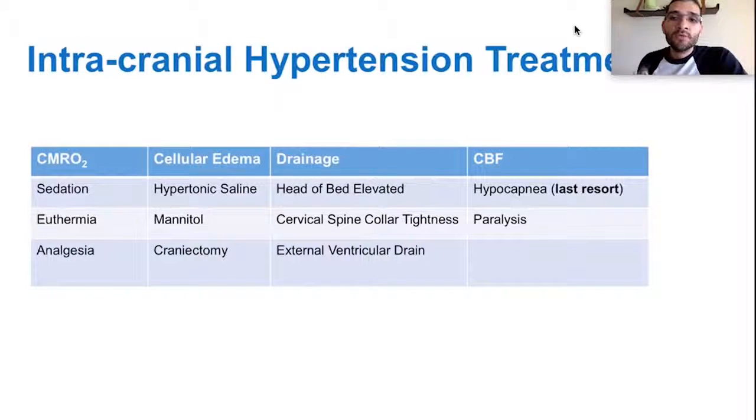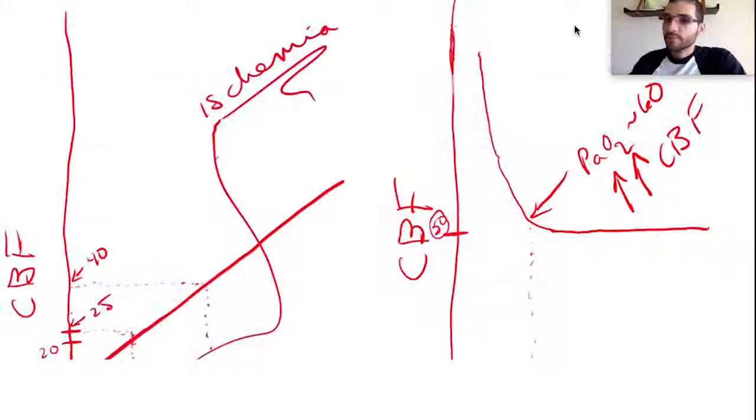And there is a linear relationship between CO2 and cerebral blood flow. So what do I mean with that? In this picture on the left, I have arterial CO2 plotted on the bottom and cerebral blood flow on the y-axis.